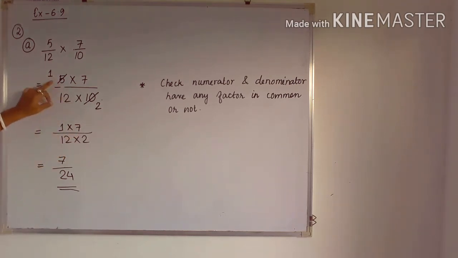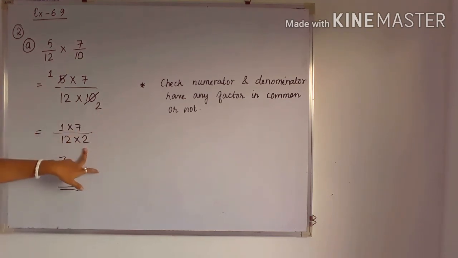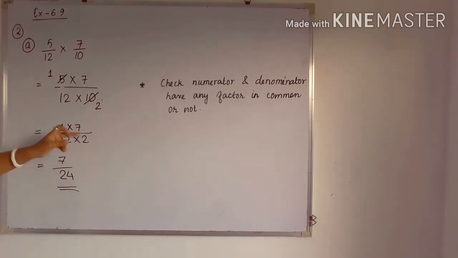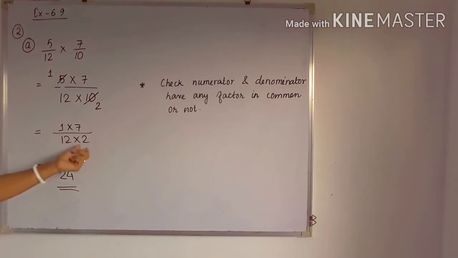After reducing, in place of 5 we got 1 and in place of 10 we got 2. So now 1 into 7, the simplification becomes very easy, the calculation is very simple now. The table of 12 you know easily, 12 2s is 24. That way we can do the simplification very easily.